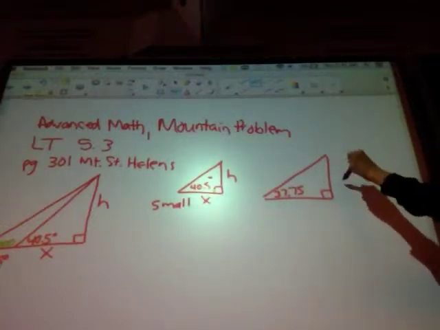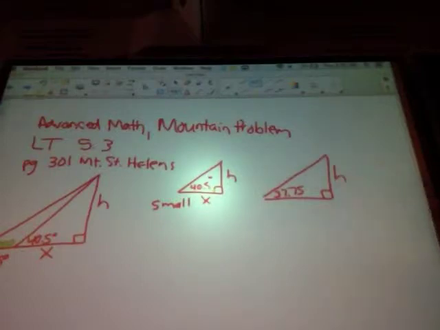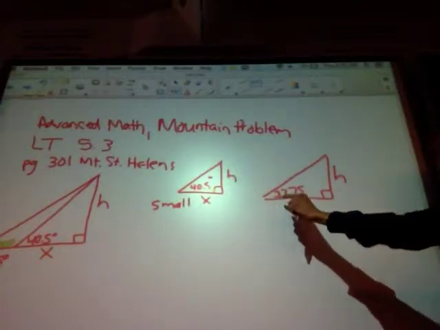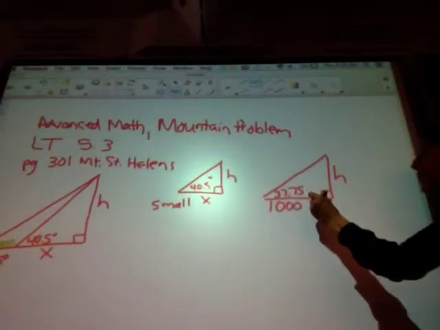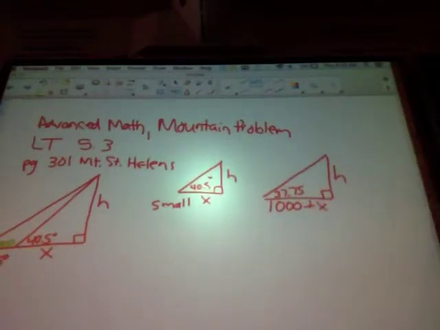This is what? Still H. What's this? Ooh, 1,000 plus X. Because when you walk 1,000 feet, and then if you walk additionally, you just add it. If Grace would walk 5 more feet, it's 1,005 if you don't multiply.